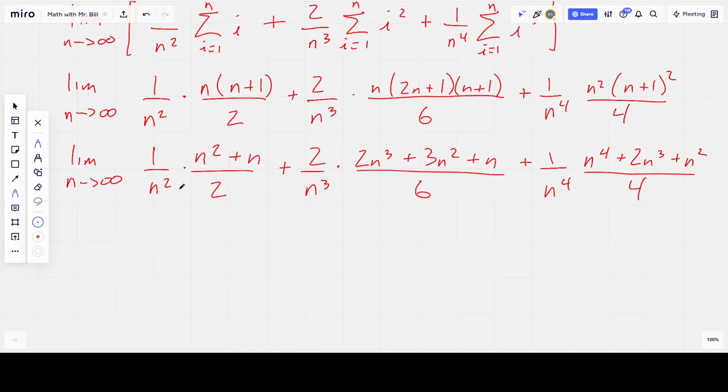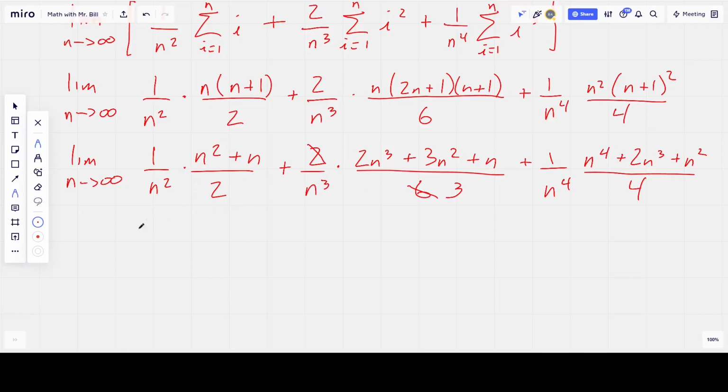So now we can clean this up a little bit if we need to, and start to take a look at what we have in terms of our limits. The 2 and the 6 here will reduce a little bit. And we've got a whole bunch of fractions, and we can break those up into even more fractions.